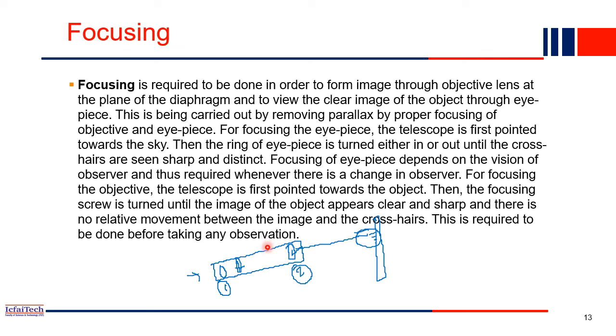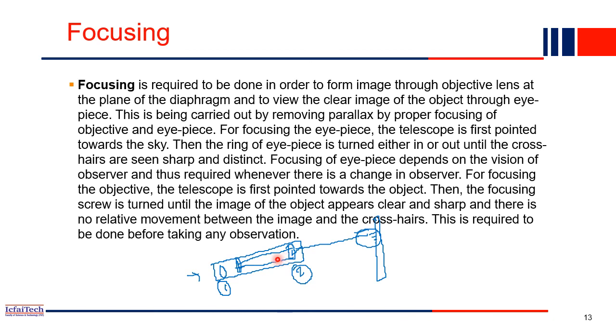You have the focus screw here. With this we adjust so that this reading is clear. The image of this staff will be formed at the diaphragm. You studied in physics how light passes through the lens and ultimately forms the image of the object at the diaphragm. Now with the eyepiece also you have to focus on the diaphragm so that the image is visible.